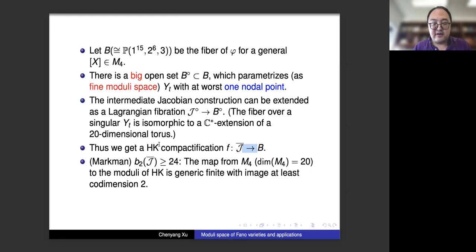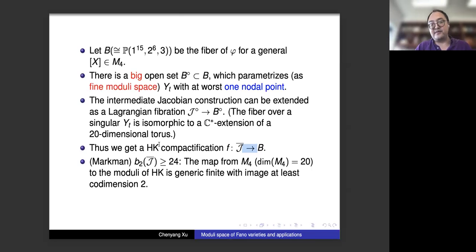And the second thing that you have to prove is that the image is basically the entire codimension 2 locus. So in other words, you have to prove that if I deform this Lagrangian fibration to some other HyperKahler still with this Lagrangian fibration, then this Lagrangian fibration also comes from some cubic fourfold.